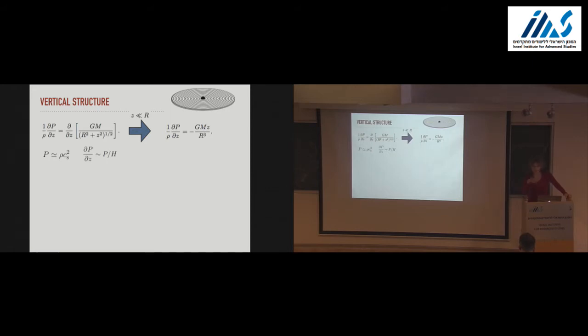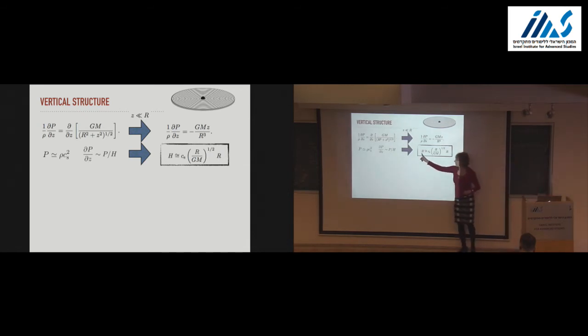And then I say, okay, it's thin, so the pressure gradient is just P divided by H. And I obtain that H over R is the sound speed divided by the Keplerian velocity.